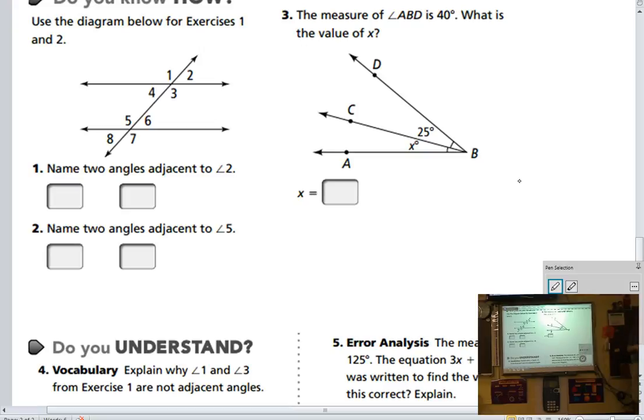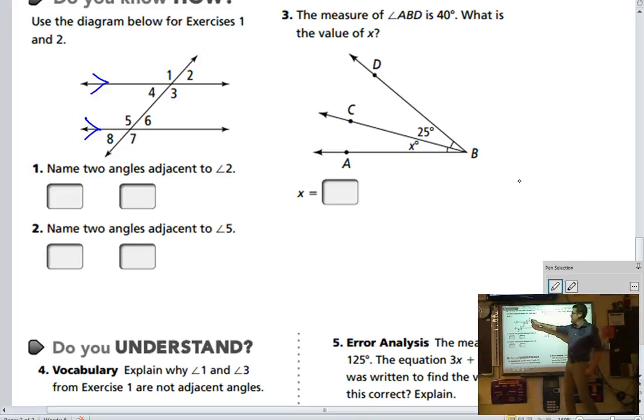In the figure below, we see that these lines are parallel. So if you want to notate them, and we're not to our geometric drawing yet, but those arrows tell us that the lines are parallel. They keep going the same directions forever. Angle 2 has angles adjacent to it. What would they be?